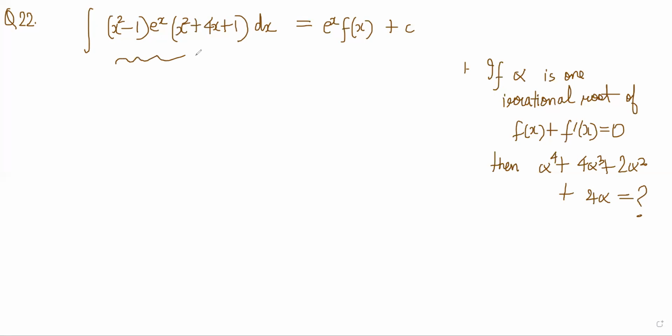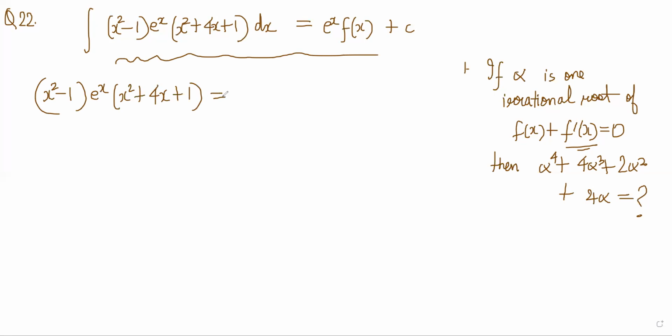So in order to solve this, the fastest way to do it would be to find differentiation here, because then you'll immediately get f dash x, right? So if I differentiate both sides, I will get x square minus 1 e power x, x square plus 4x plus 1 is equal to e power x f of x plus e power x f dash x, right?